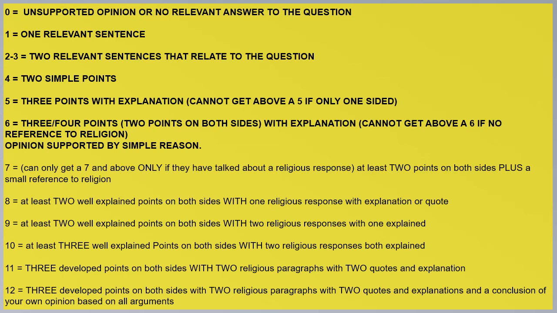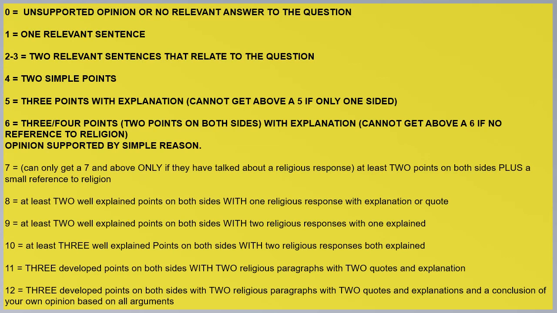So you'll notice that from 0 to 6, there's either very little explanation, so you may have even 3 or 4 points, but there's very little explanation. They're mainly kind of listed points, or there's no reference to religion. So if you're writing a paper 2 question and you're not referencing religion, you cannot get above a 6.